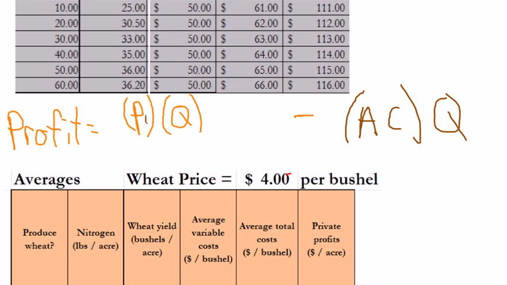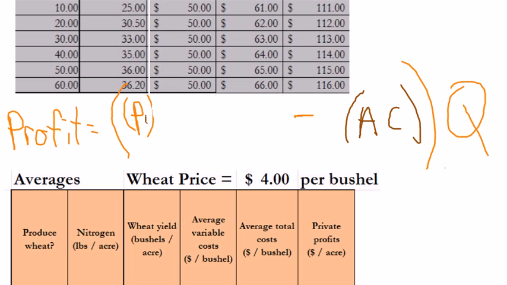And then finally, look at here, we have a Q here and a Q there. We can factor this out to get this. I just erase both Q's. I'm factoring it out and putting it on the outside of a big bracket. And now we find that profits equals price minus average cost times quantity.